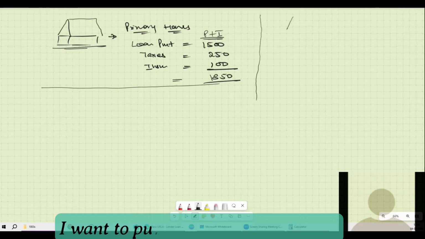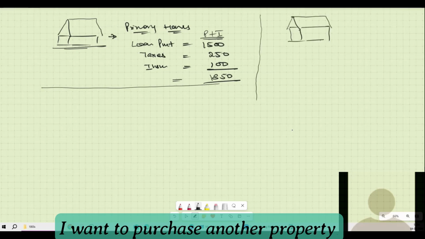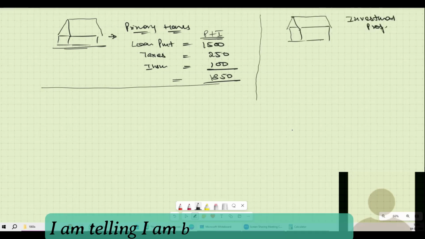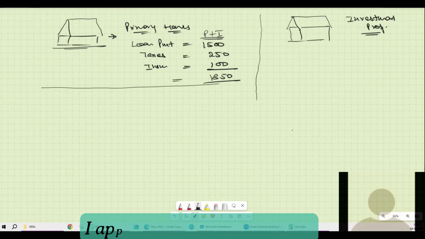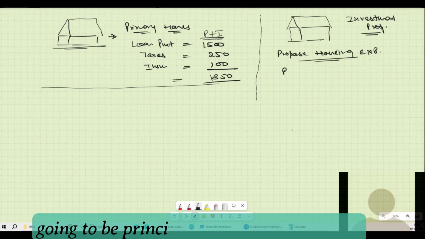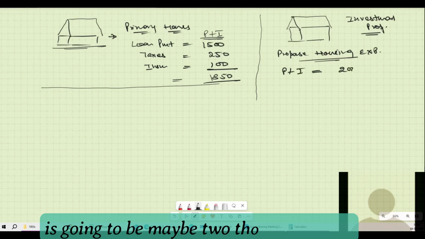Now I want to purchase another property, and this is going to be my investment. I applied for the same $300,000 loan, and my proposed housing expense is going to be: principal plus interest maybe $2,000.